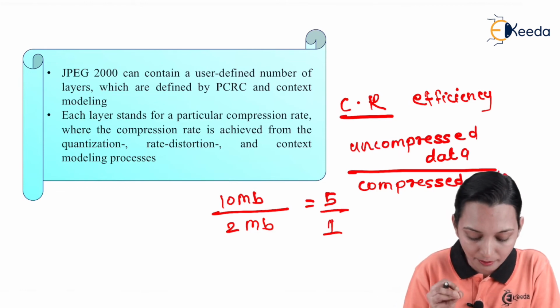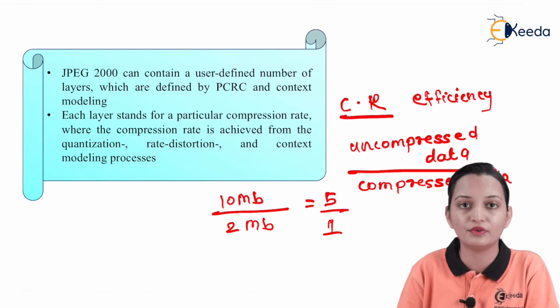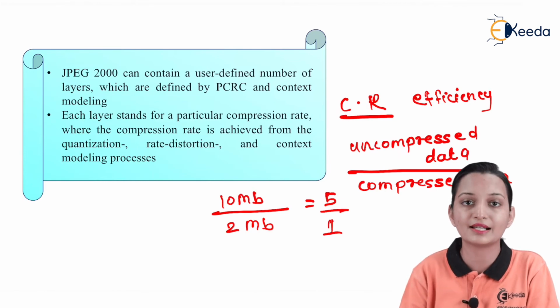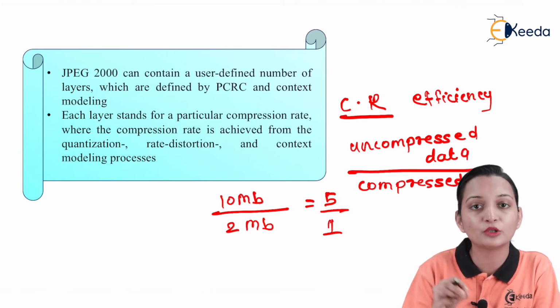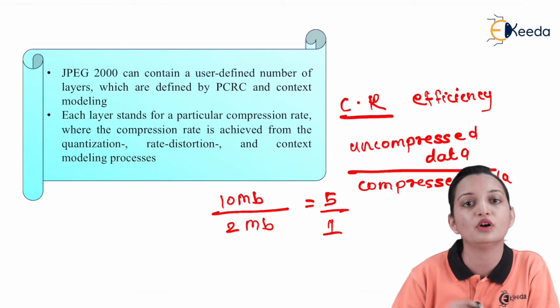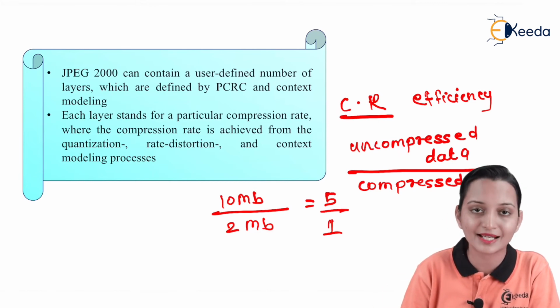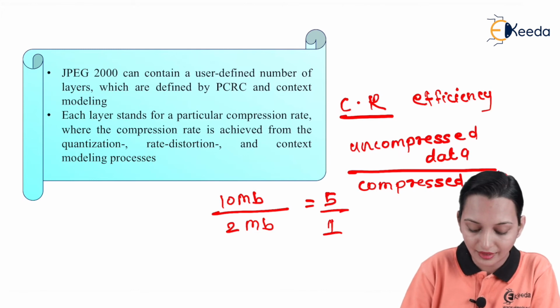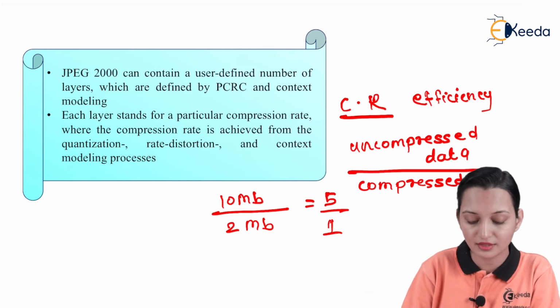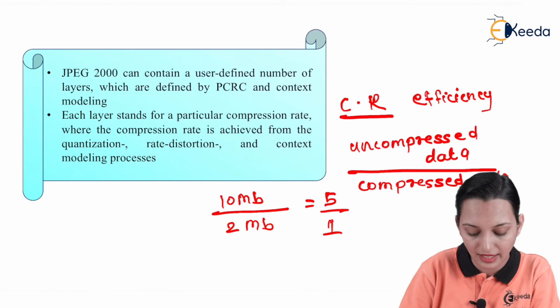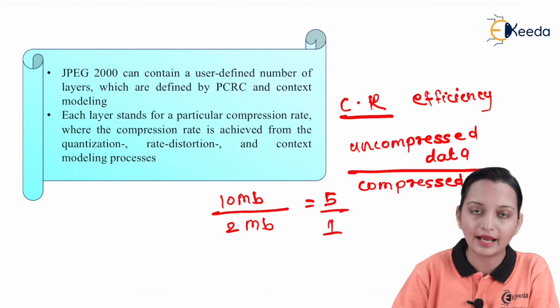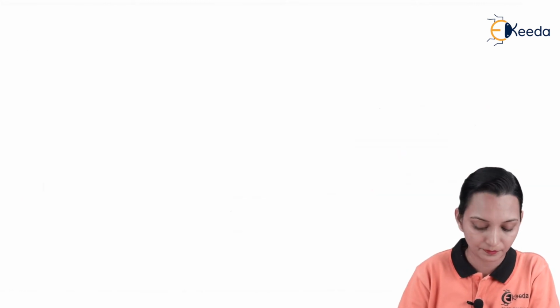This is the basic thing with the help of which JPEG 2000 is able to support low compression ratios and high compression ratios also. Why? Because that provides the advantage of containing a user defined number of layers, which we can specify with the help of PCRD and context modeling.